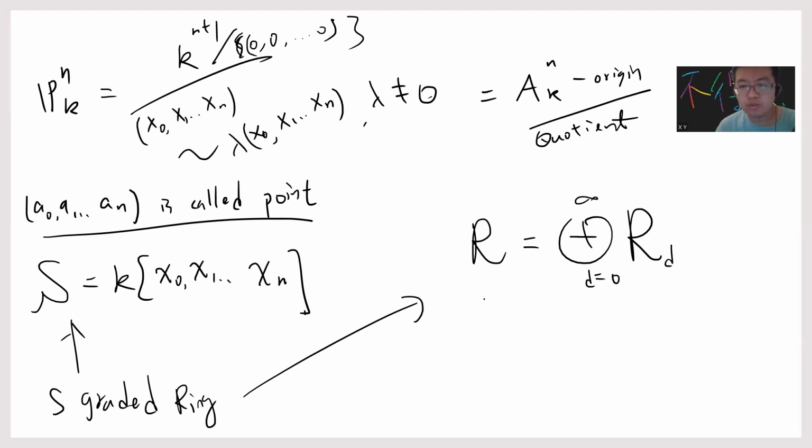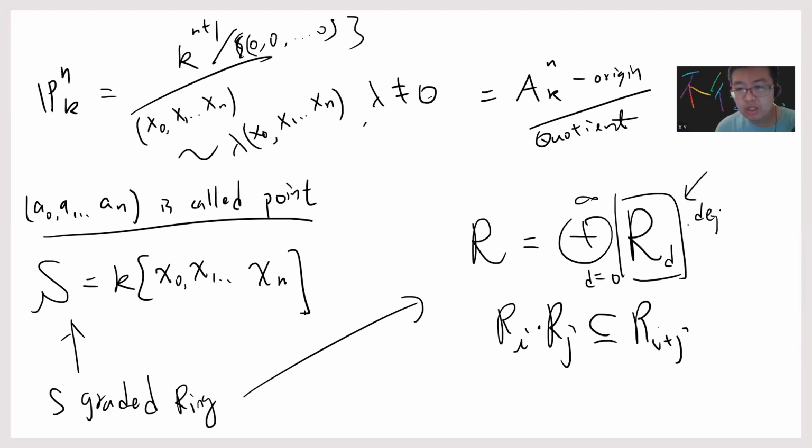In general, it can go to infinity, and you satisfy that R_i times R_j, any two elements in the i component and j component, the product should be a subset of R_(i+j). And this one is called the degree d component. Obviously the polynomial ring is a graded ring because it is decomposed into degree 0, degree 1, degree 2, degree 3, and the degree is defined to be the highest power.